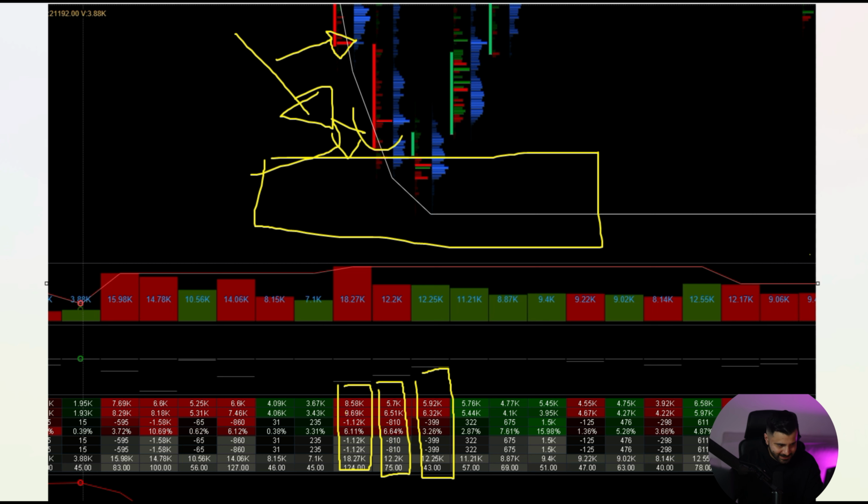It's 9.69 on this candle, the amount of shorts in the candle, 6.51 amount of shorts on this candle, and 6.32. So you can see already that the move is getting weaker, from a potential downside move. Okay, the downside move is getting weak.